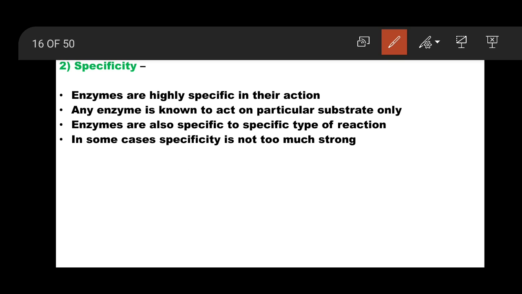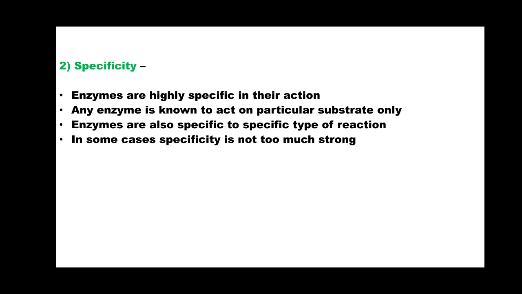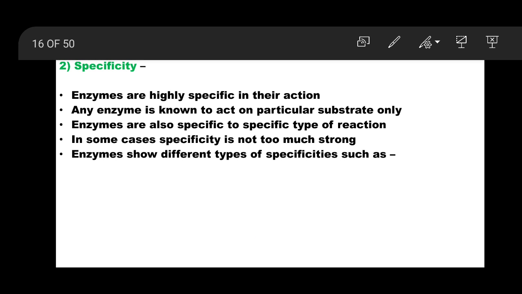In some cases specificity is not too strong. There are some cases where this specificity of enzyme is not too strong. There are few examples. Enzymes show different types of specificities. So broadly classified specificities are here.